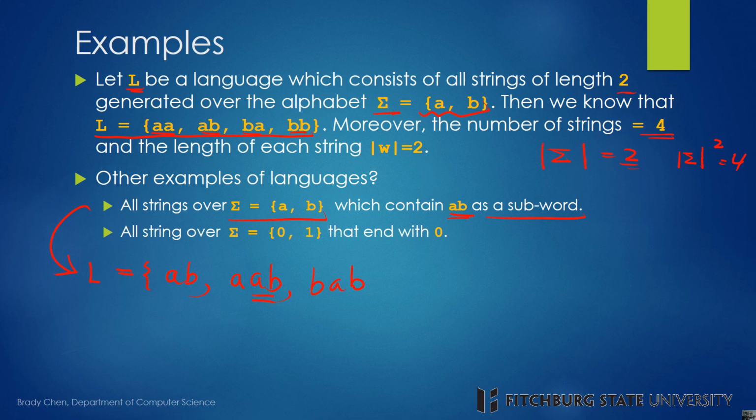So each string contains the subword AB. And then A, AB, A, B, AB. Well, it contains AB twice, but that's fine. You just say a string that contains the subword AB.